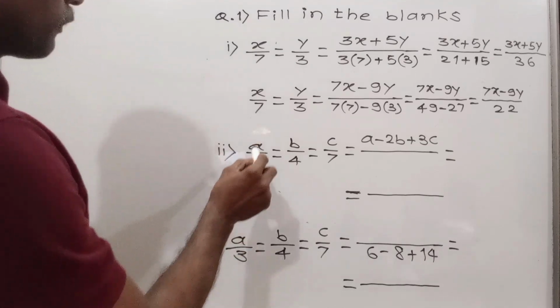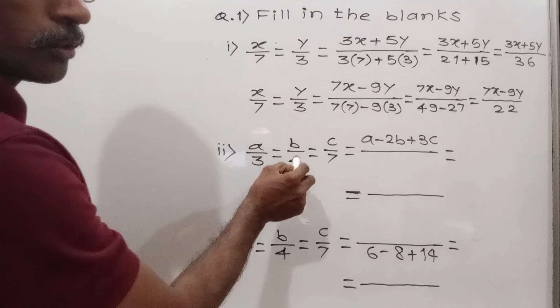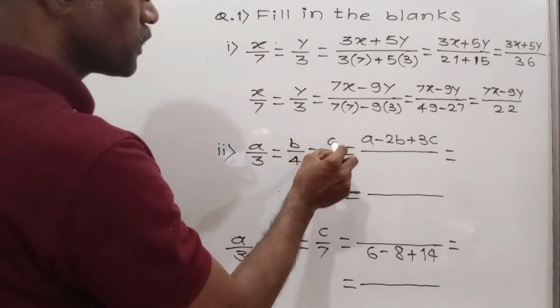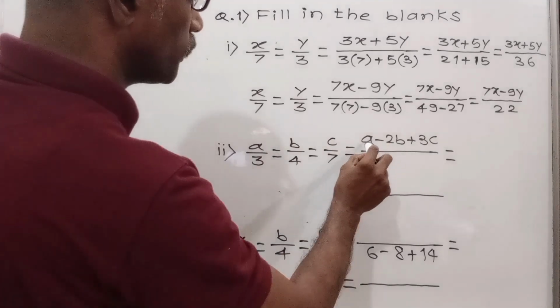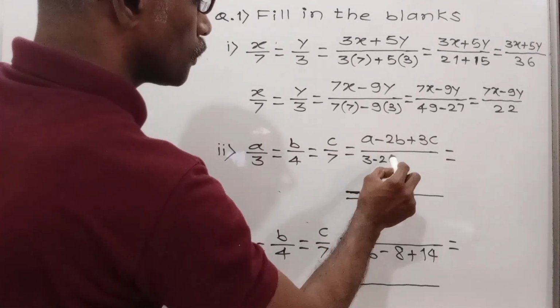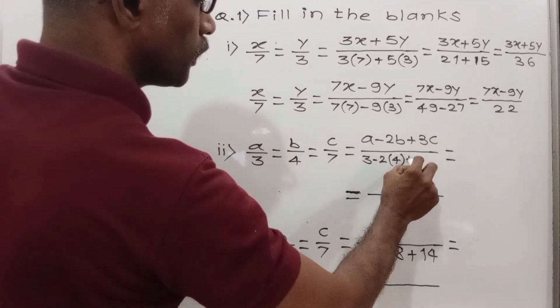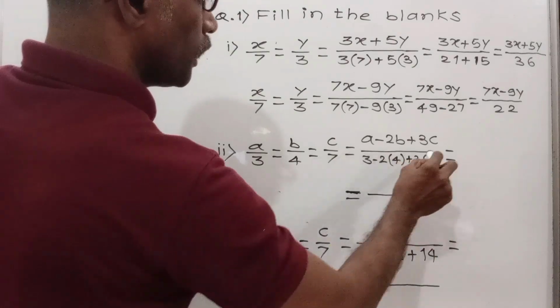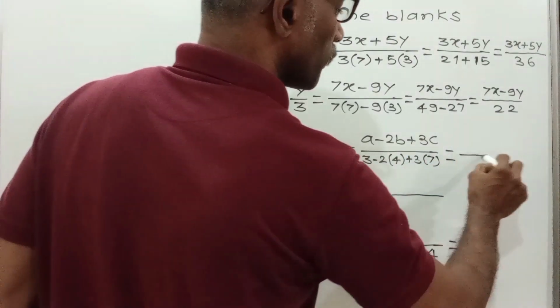Now we have the second example. A upon 3 means the value of A is 3. B upon 4, the value of B is 4. C upon 7, the value of C is 7. We put the value of A, 3, minus 2 into the value of B, 4, plus 3 into the value of C, 7.